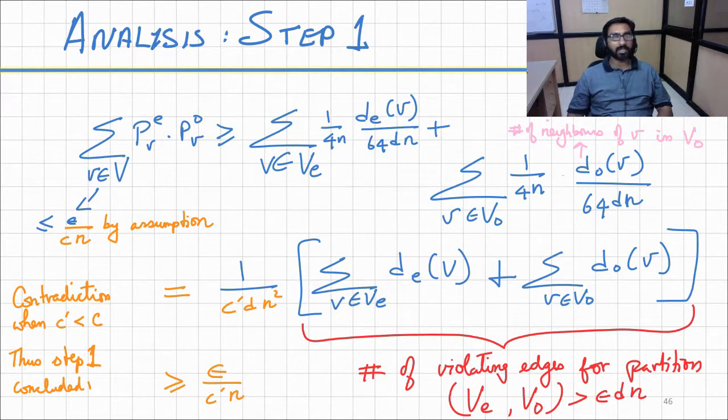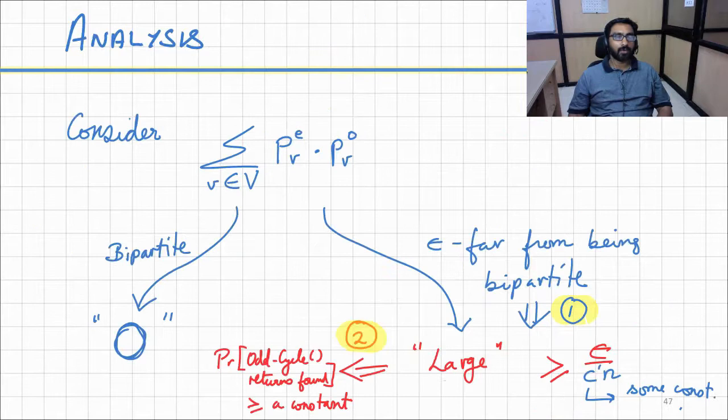So with this contradiction, the first step in our analysis is over, and we need to move on to the second step. Just to remind ourselves, the conclusion in the first step is that if the graph is epsilon far from being bipartite, then this summation will be large, more than some epsilon C prime n.